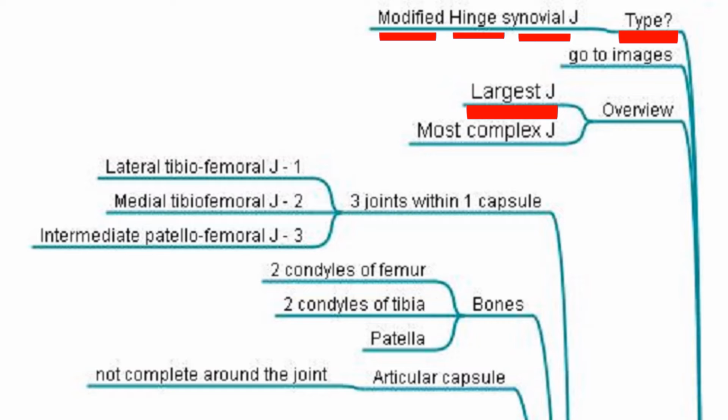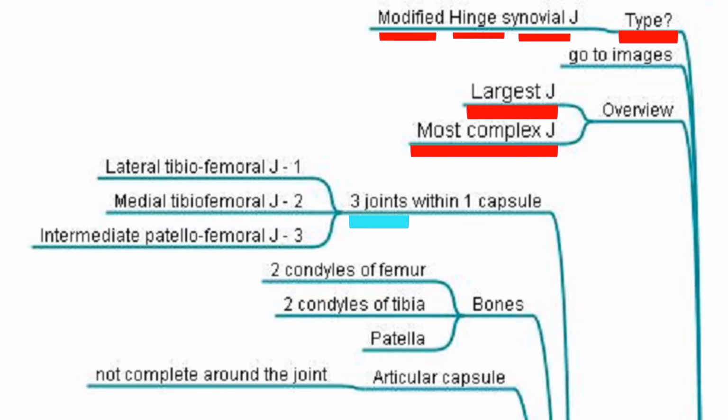Now, the knee joint is the largest joint in the body and the most complex. Why most complex? Because it has extra structures that are going to enable the knee joint to do its function.